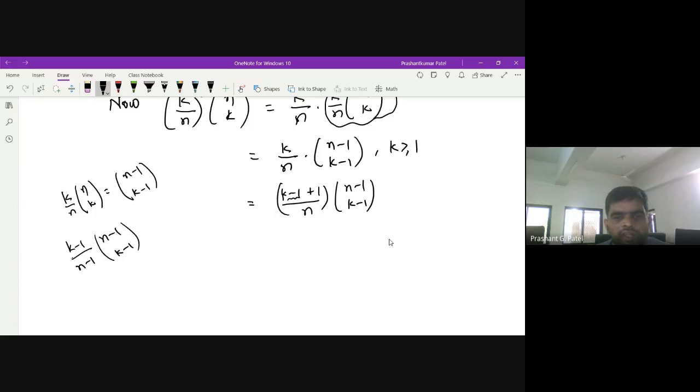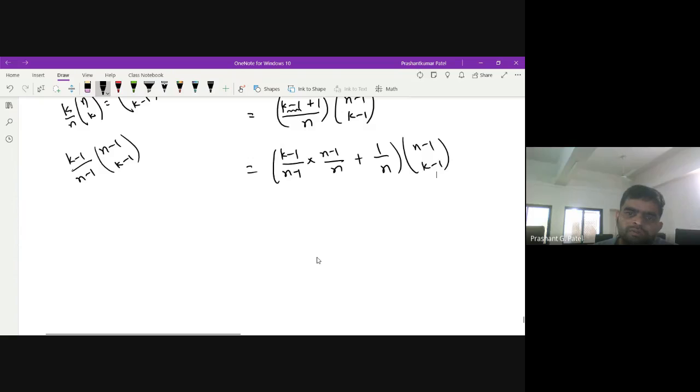Since we have already adjusted k minus 1, now we need to adjust n. So I can write this as k minus 1 upon n minus 1 into n minus 1 upon n. So I have divided and multiplied by n minus 1, and plus 1 upon n is already there, with n minus 1 C k minus 1.